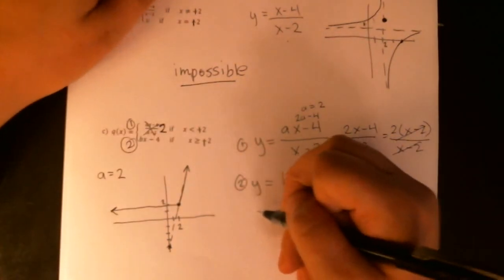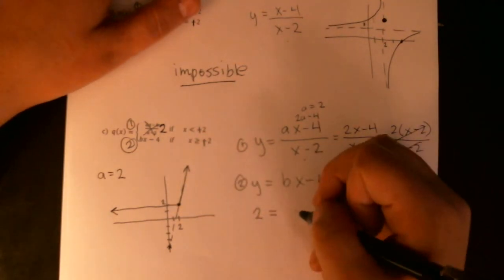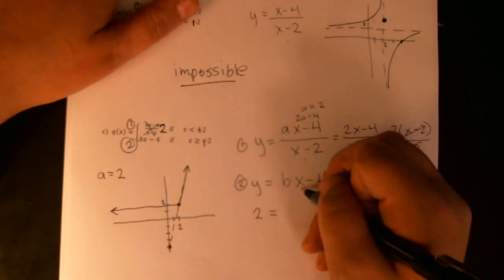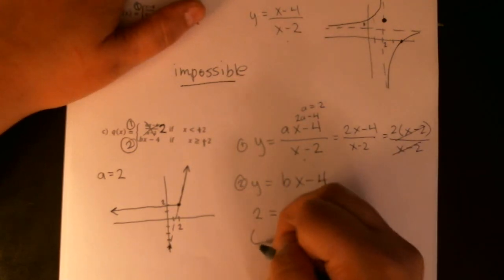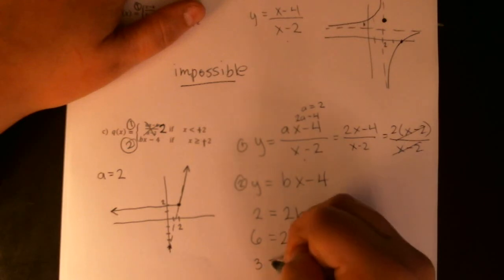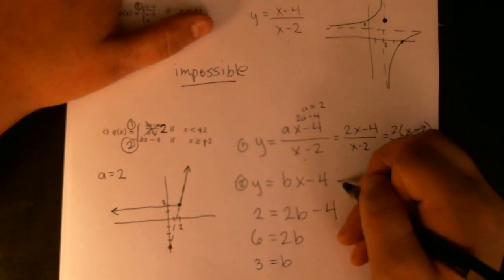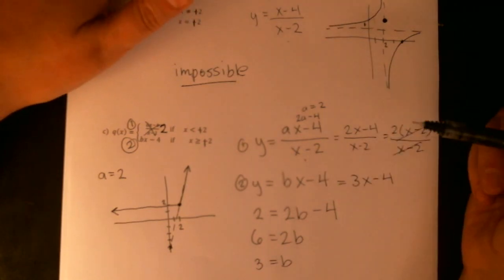So we can just plug that in. We know that when y equals 2, x has to equal 2 as well. So it looks like 6 equals 2b, or b equals 3. 3x minus 4. Okay, so I maybe made that trickier than it had to be.